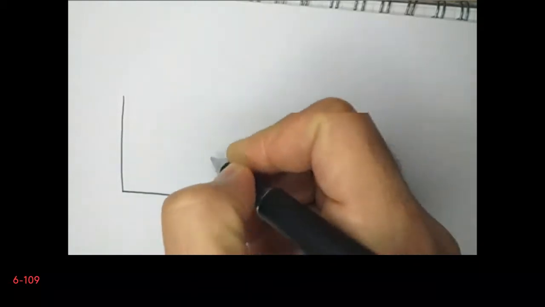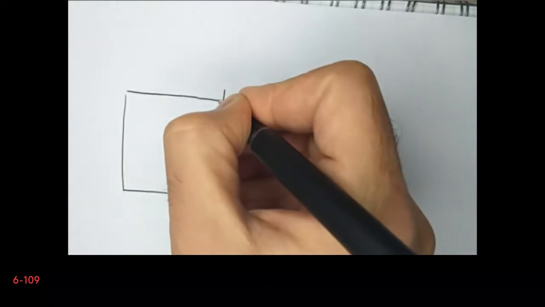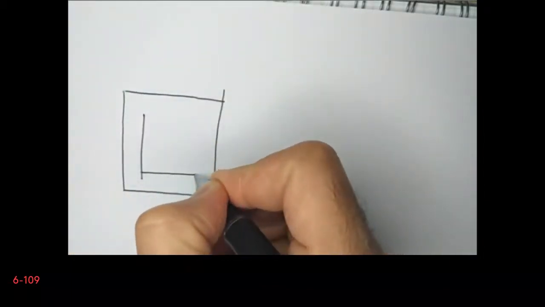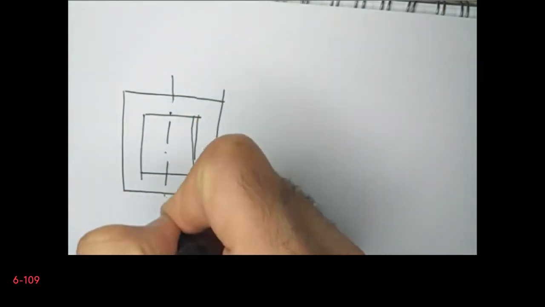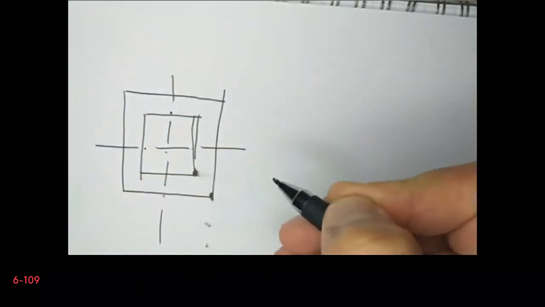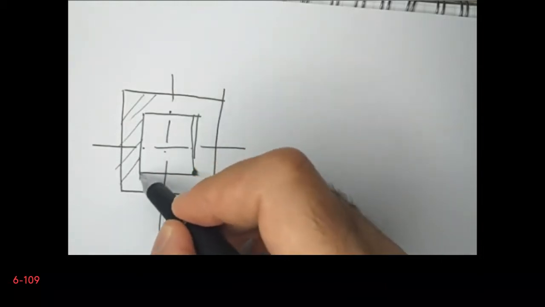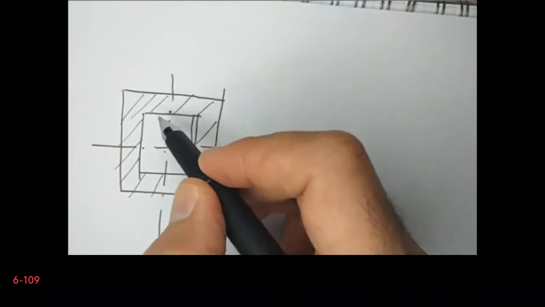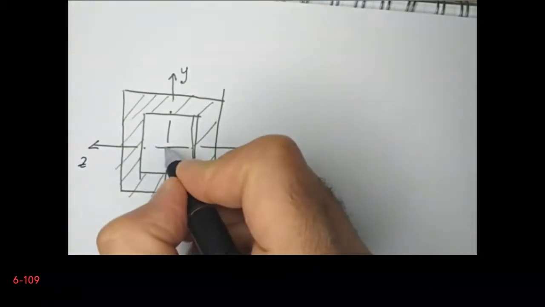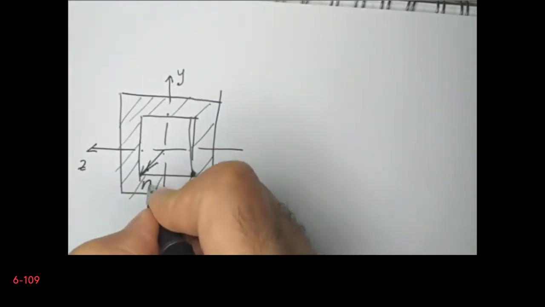First, let us draw our cross section. Now, as we see, the cross section is symmetric with respect to the y and z axes. So this is our y axis and this is our z axis, and the moment is a vector quantity, given in this direction, making an angle theta.